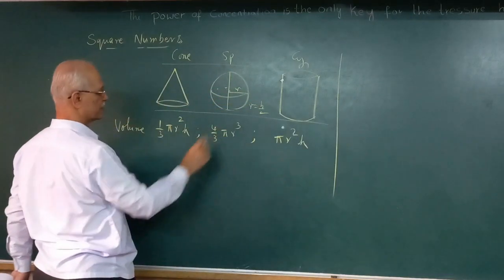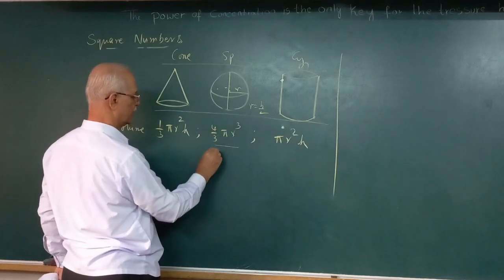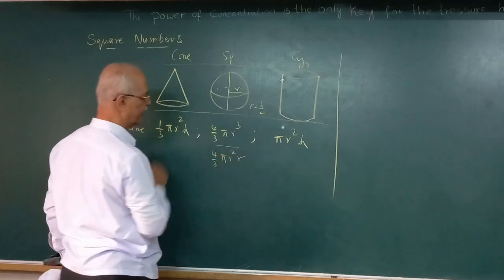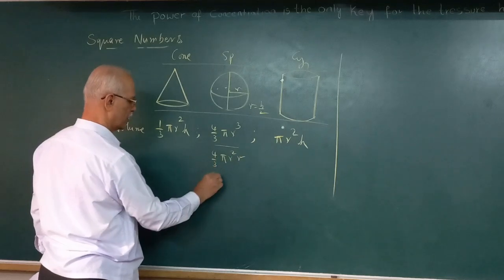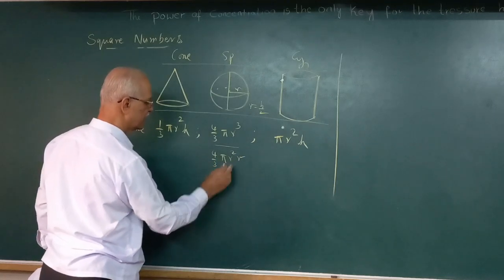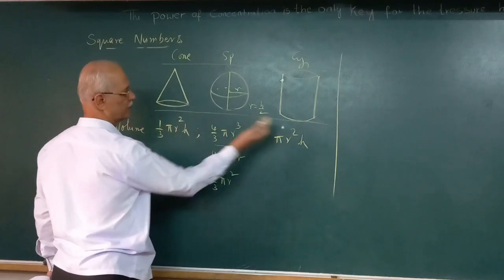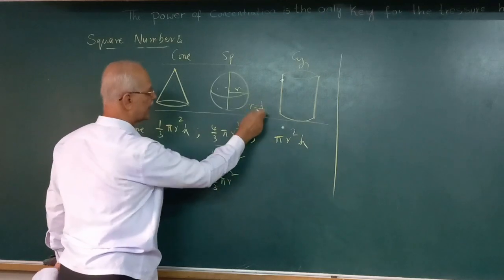What I do is, I consider this now, I change this formula. 4 by 3 pi r squared r I write. R cube can be written as r squared and r. 4 by 3 pi r squared, I keep r squared because in these two there is r squared. So r squared, and in place of r I write h by 2.